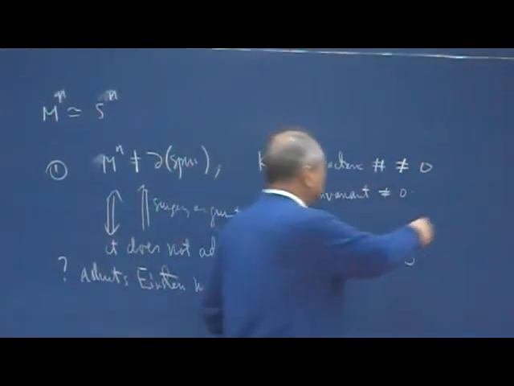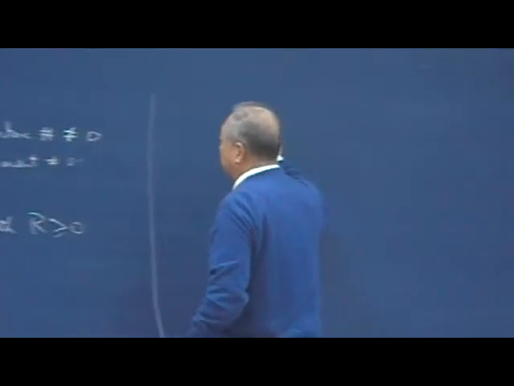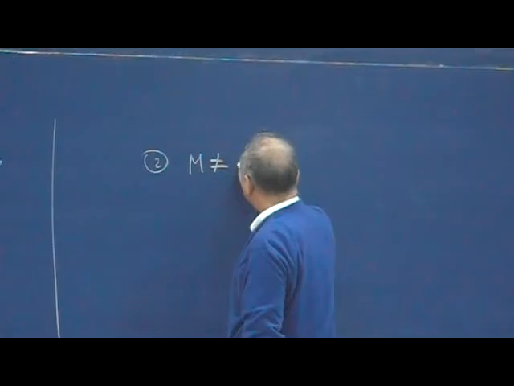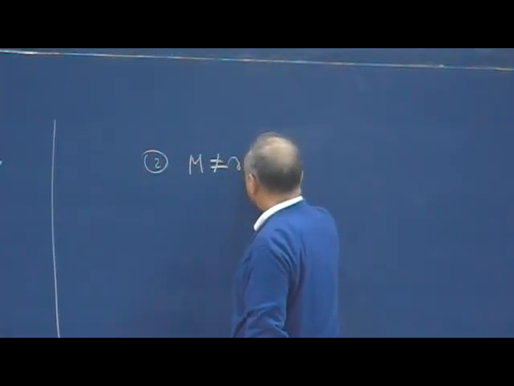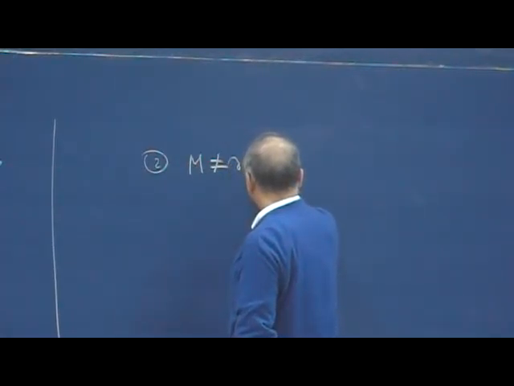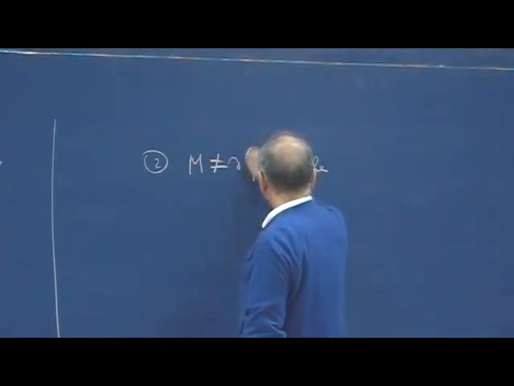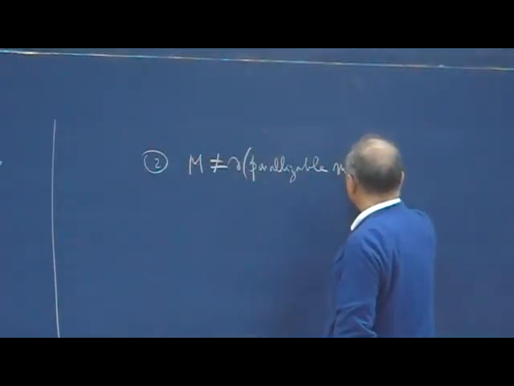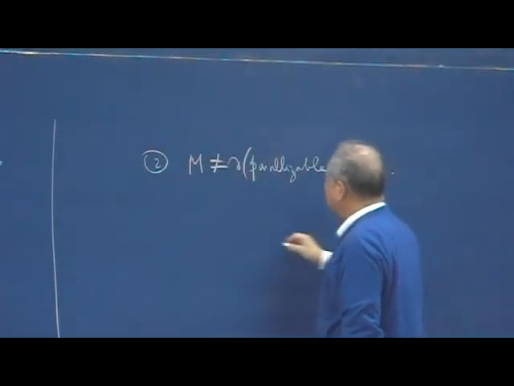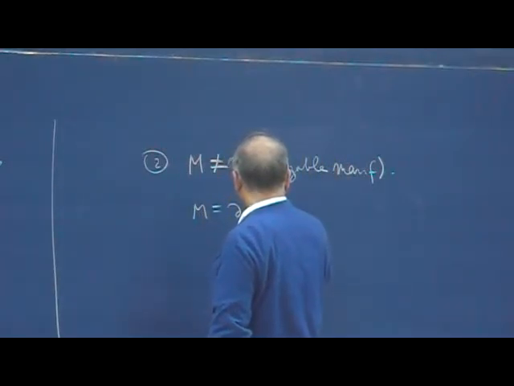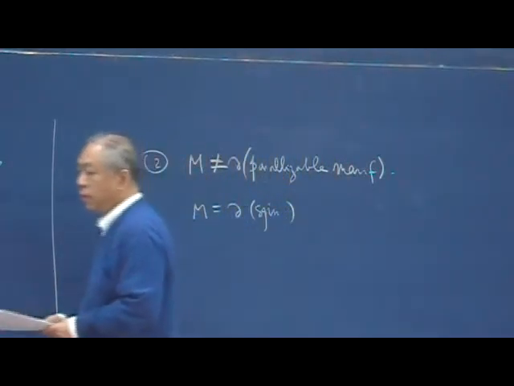Now the second class of manifolds are manifolds that are not the boundary of a parallelizable manifold, and yet are the boundary of a spin manifold.